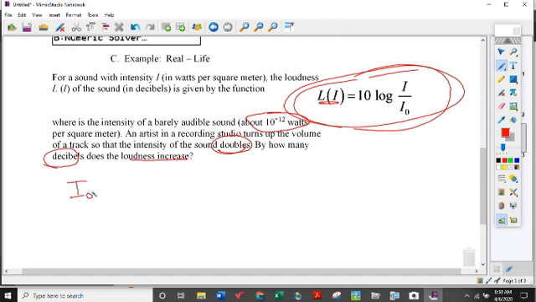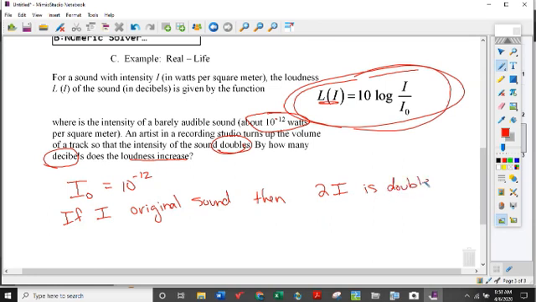So remember, I sub 0 is always 10 to the negative 12. Okay? Now, if I is the original sound, then doubling it would give us 2I. So putting this together, the loudness of 2I minus the loudness of I would tell you how much it's increased by.